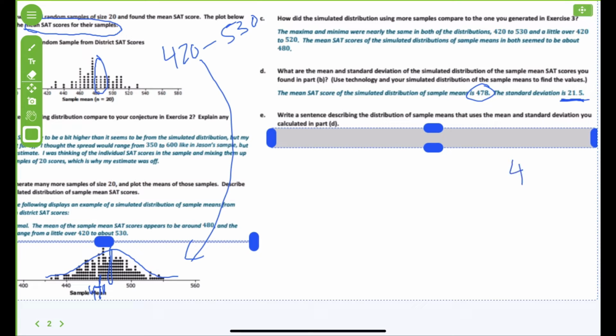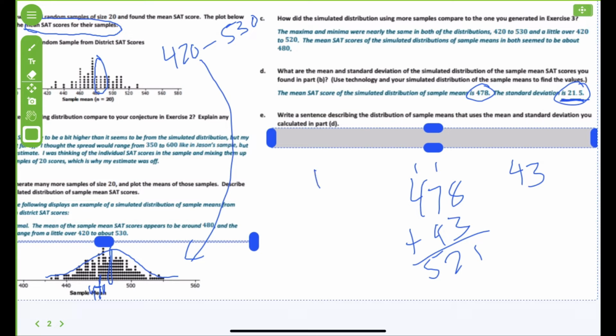So that would be 43 is two standard deviations. If one is 21.5, two would be 43. So we would need to say 478 plus 43. What is that? 521, and then we need to subtract it as well to get two standard deviations below the mean.